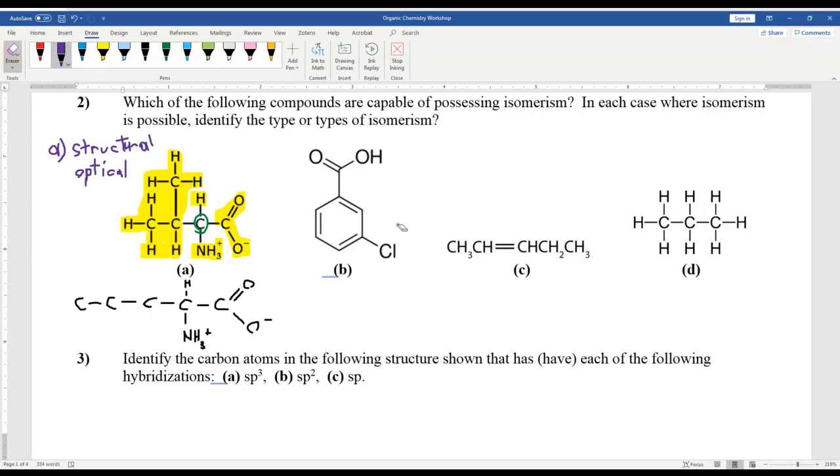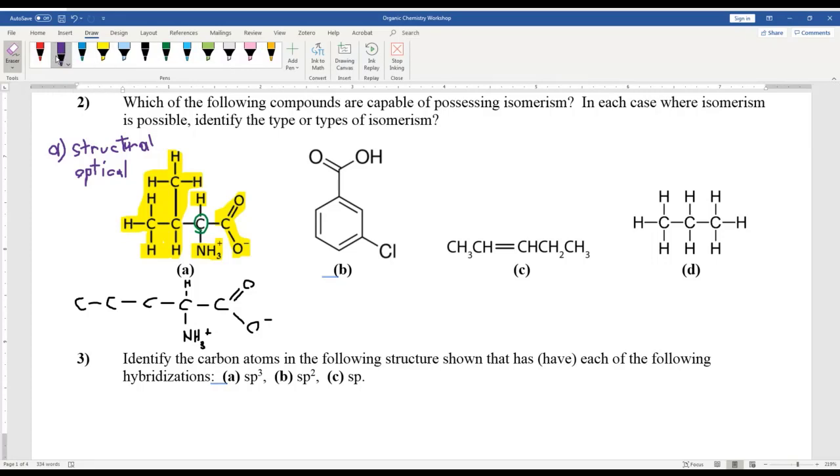It's a bit more tricky with this one because it's a benzene molecule. You can't mess with the benzene double bonds. So the only double bond that you could work with in this case is the one between the oxygen and the carbon. I wish that I could point this out.